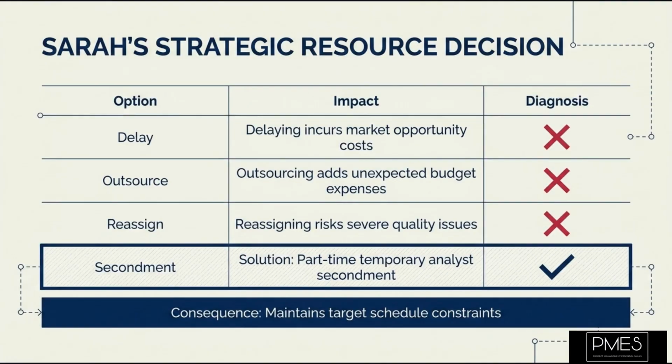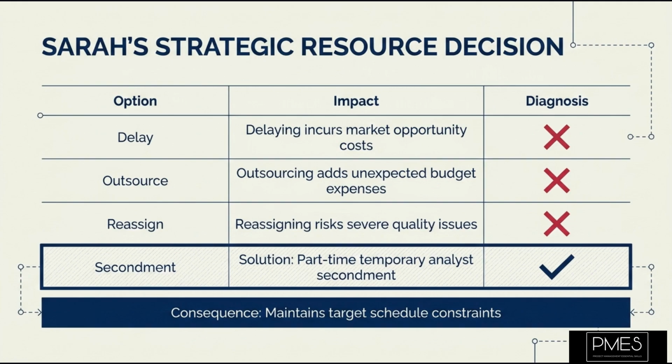Sarah reviews her resource management plan and the project schedule. Delaying the launch would incur significant market opportunity costs. Outsourcing would add unexpected budget expenses. Reassigning an existing team member, while tempting for cost savings, would introduce a high risk of quality issues and rework due to their lack of specialized experience.